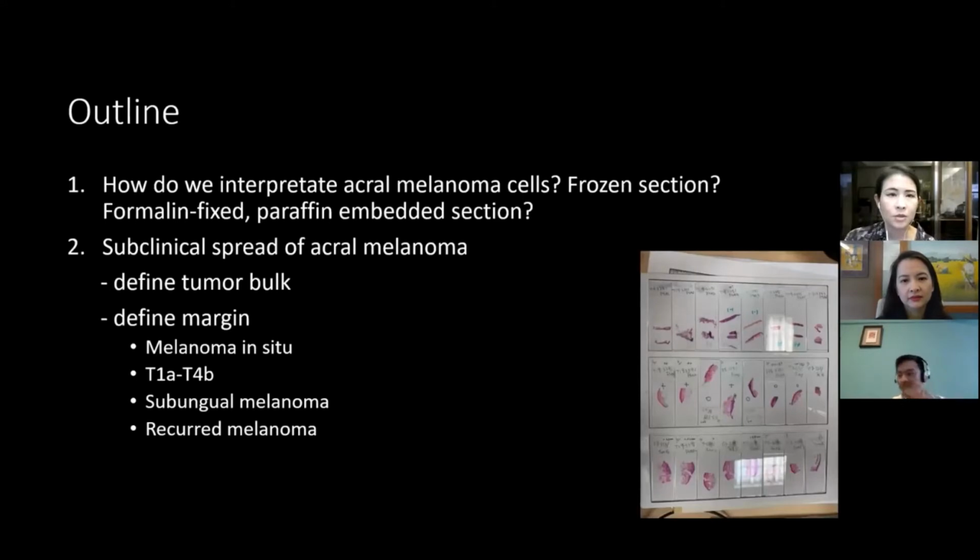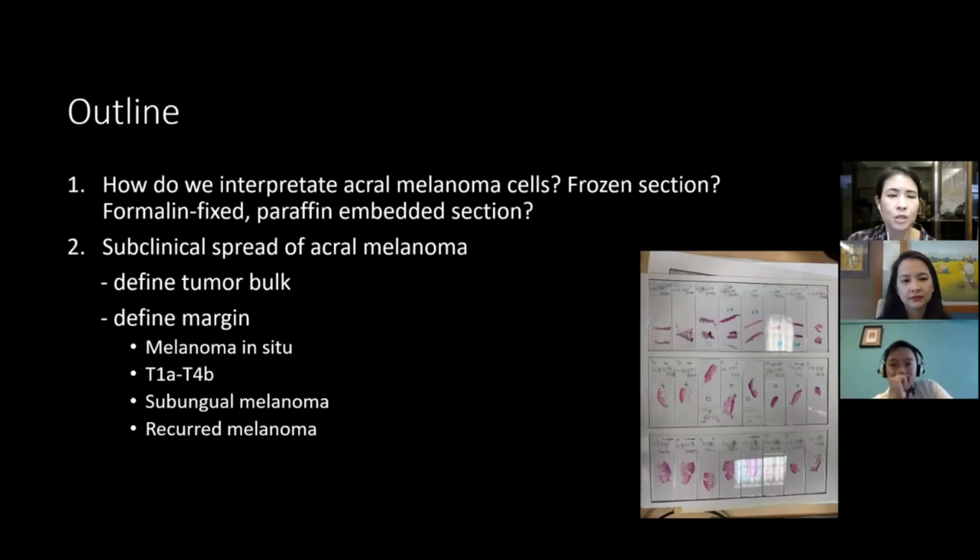So I'm going to follow these outlines. The first one is how do we interpret acral melanoma cells, whether by frozen section, which is what we do for BCC and SCC, or by paraffin-embedded section. The second part is why do I do Mohs for acral melanoma?